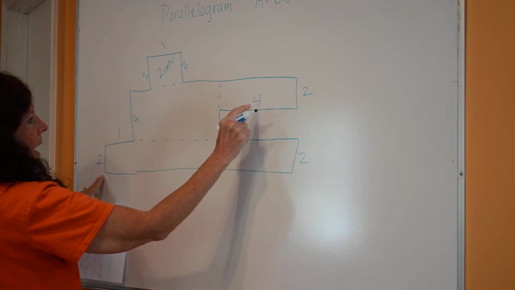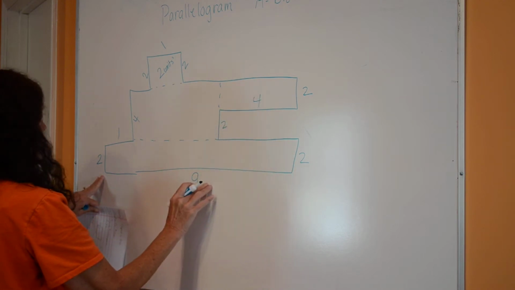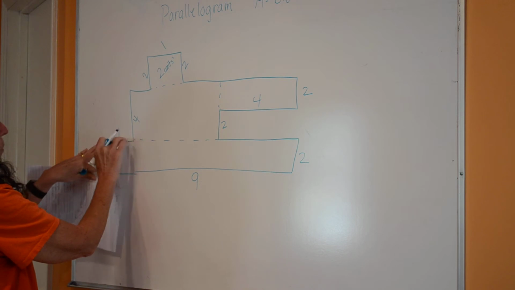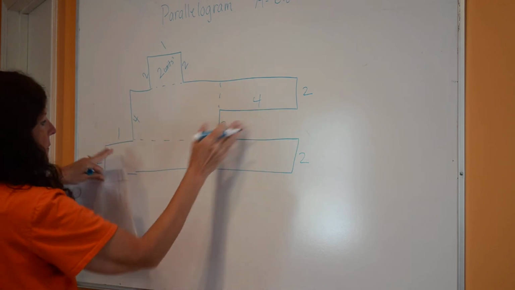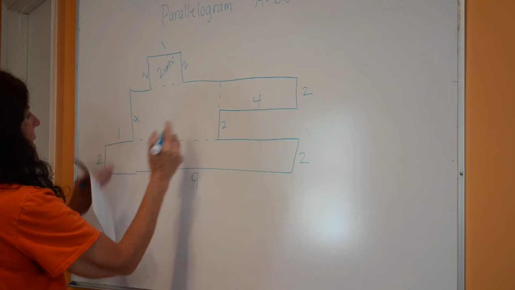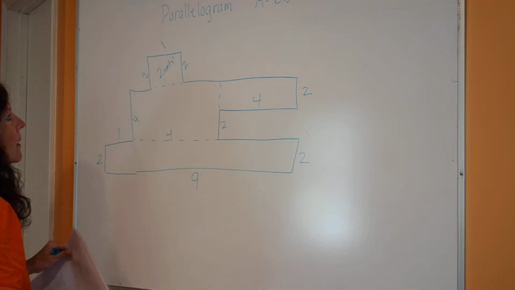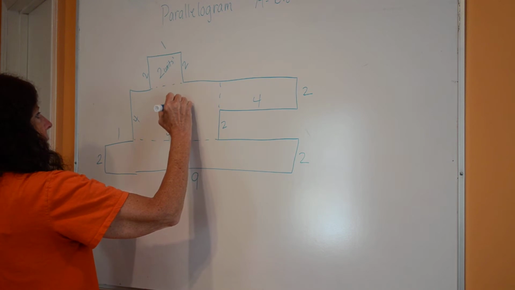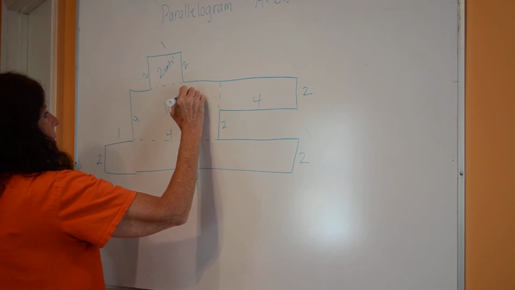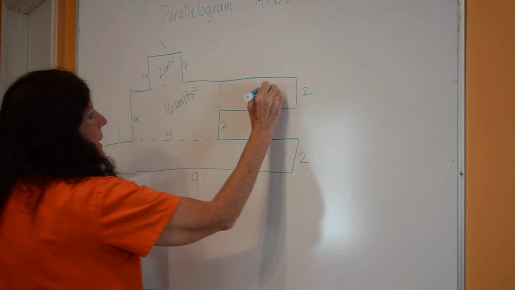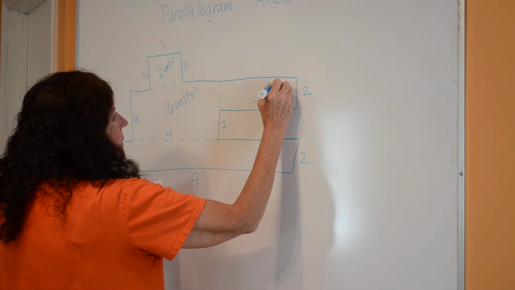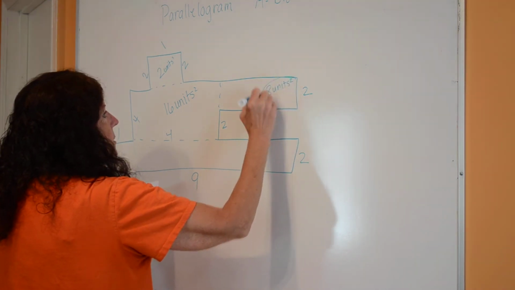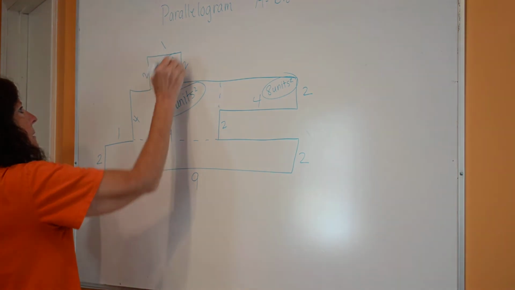I'm going to subtract the 4, so that's going to give me a 5, and then I'm going to subtract the 1. Okay, so I have a 1 and a 4. It's going to come off of the 9 to give me a 4 right there. So that's going to be 4 times 4, which is going to be 16 units squared right there. This one's going to be 8 units squared. So far I've got all of these.